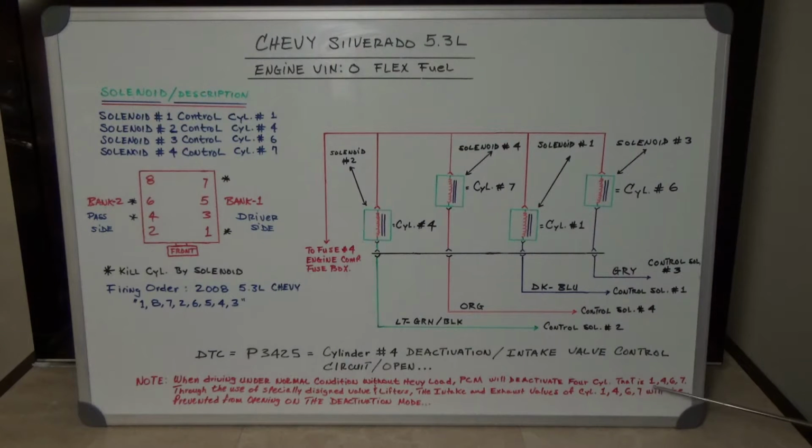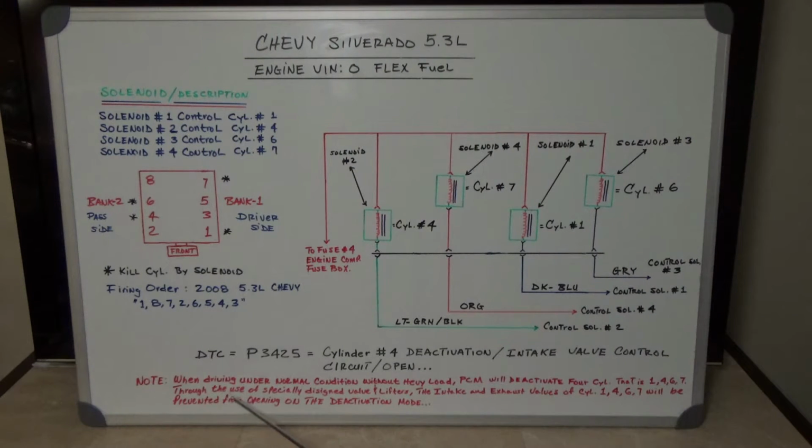That is 1, 4, 6, and 7. Okay, so that is a nice note to know: when this car is at 35, 25 mph, no loads, under city driving, it is working in 4 cylinder because the computer deactivates number 1, 4, 6, and 7.